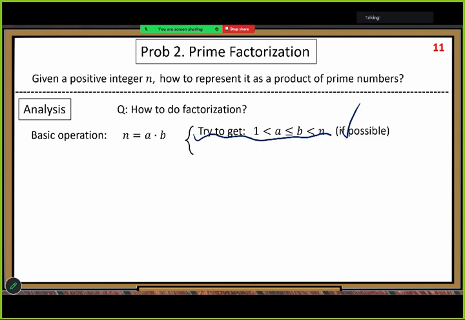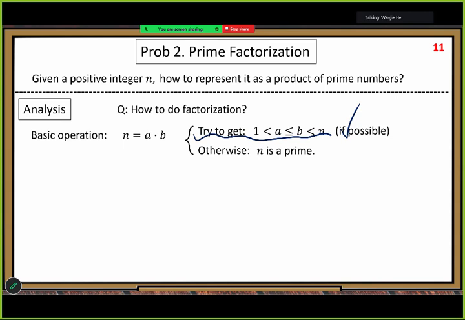Otherwise, if it's impossible, so you try very hard, all the possibilities you try, all fail. Then you have a final conclusion: n is a prime.